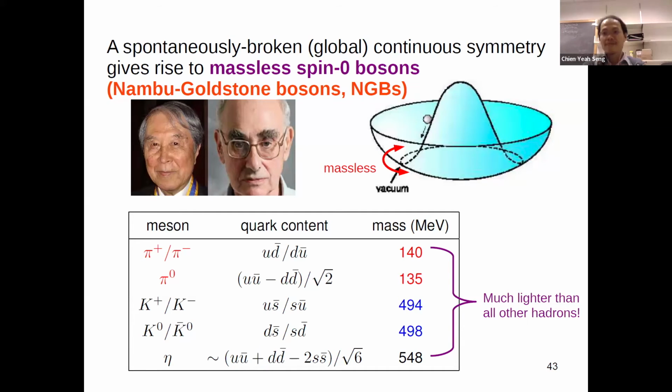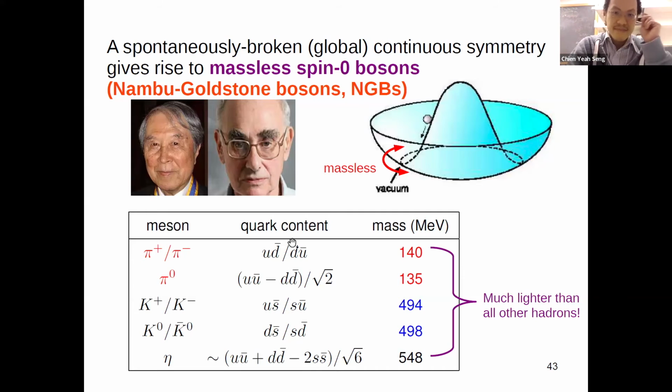So now, do we observe such bosons in nature? Yes. If we look at the pseudoscalar meson octet, we'll find that these scalars are unnaturally light, much lighter than any other hadrons that we observe. For instance, in the up-down sector, the pions are so light, 140 MeV, compared to the next lightest meson consisting only of up and down, namely the rho, which is 770 MeV.